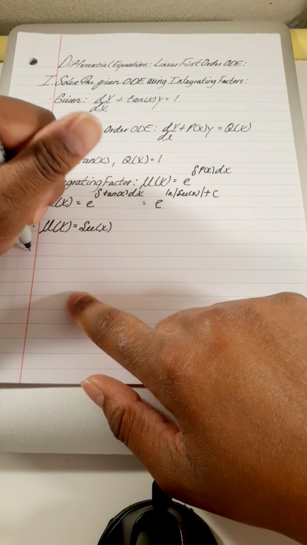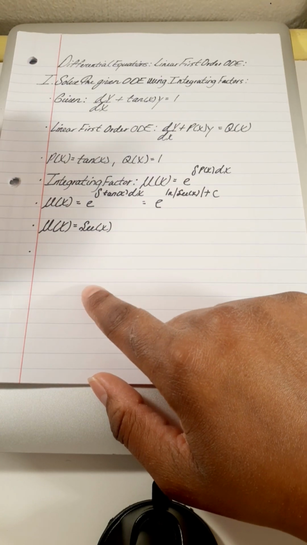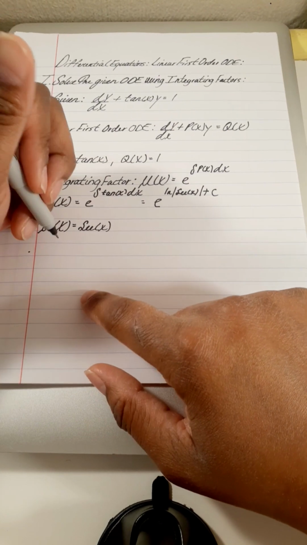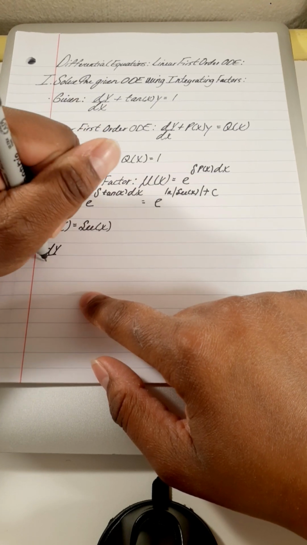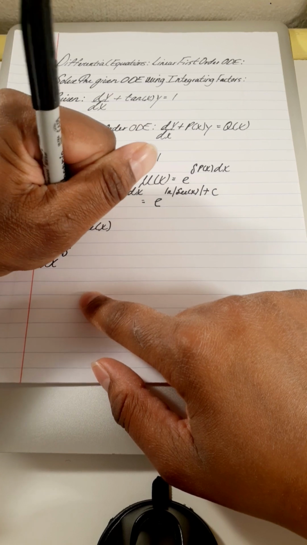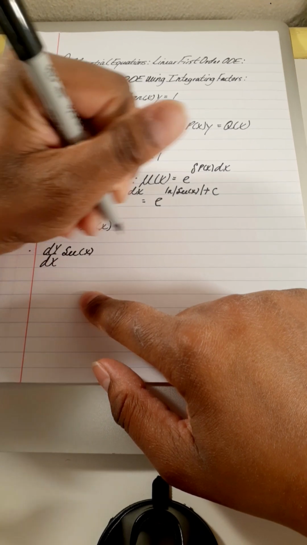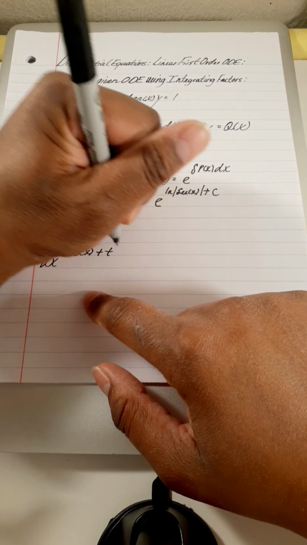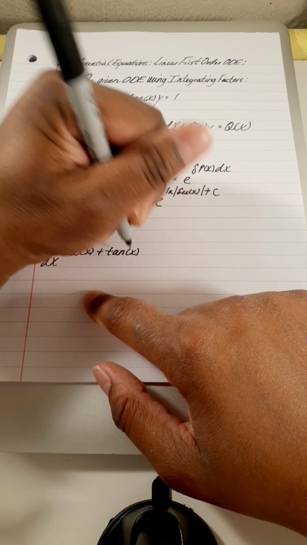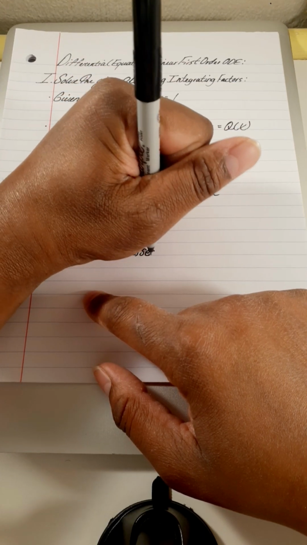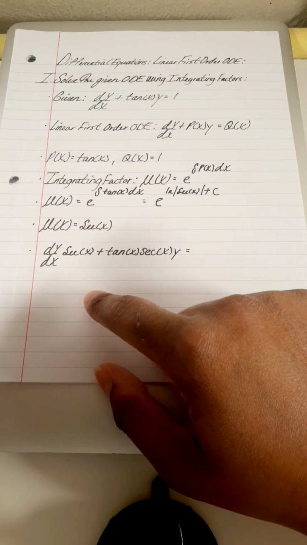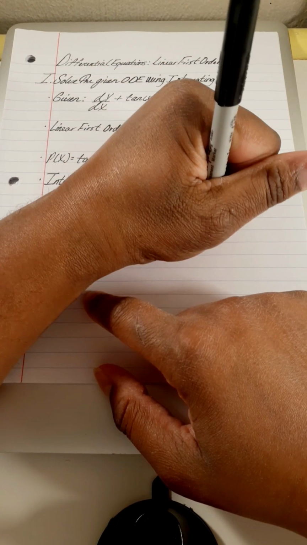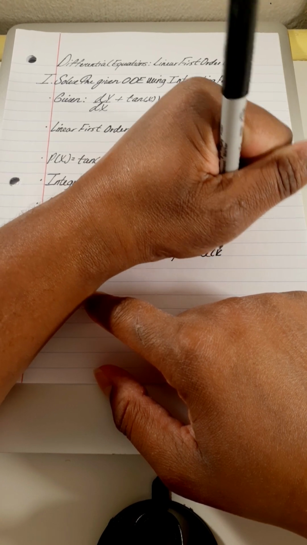The next step is to multiply both sides of the differential equation by the integrating factor mu of x, which is secant of x. So it's going to be dy over dx multiplied by secant of x plus tangent of x multiplied by secant of x multiplied by y. And multiplying secant of x by 1 just gives us secant of x on this side.